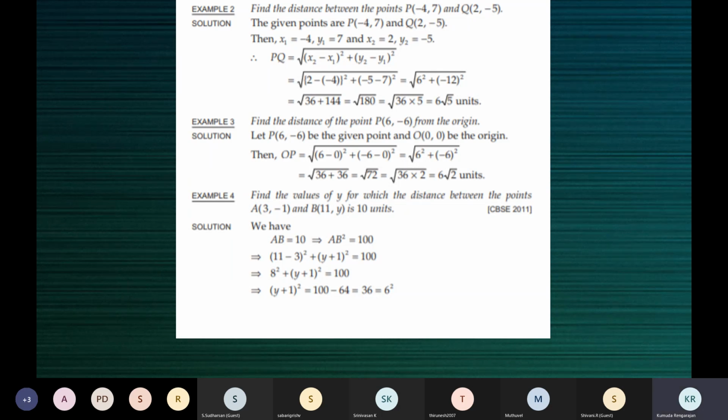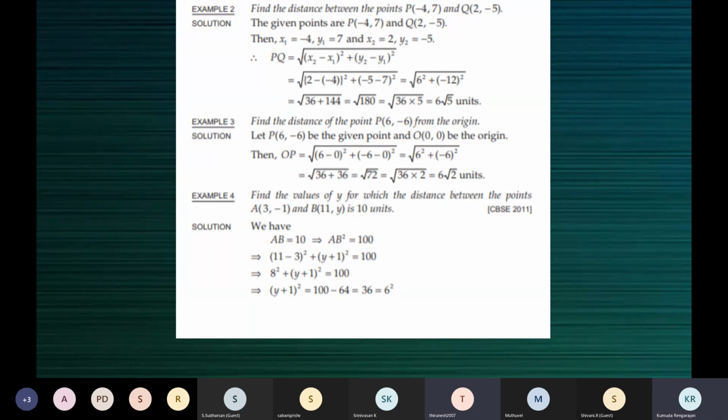But if you treat -1 minus y the whole square as a plus b the whole square, now tell me what will be a and b. A is -1, b is minus y.